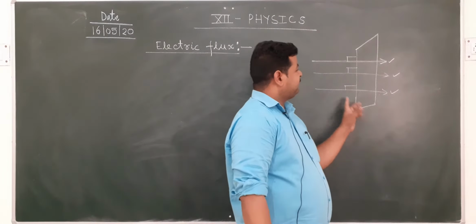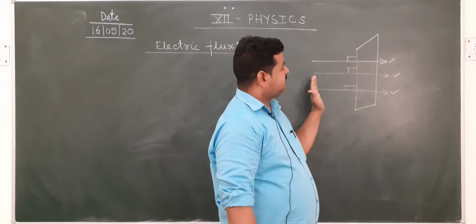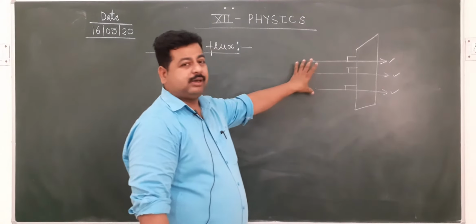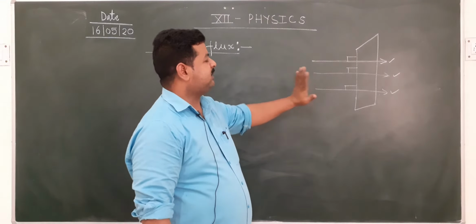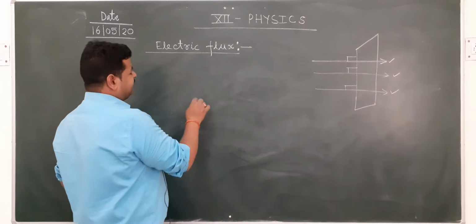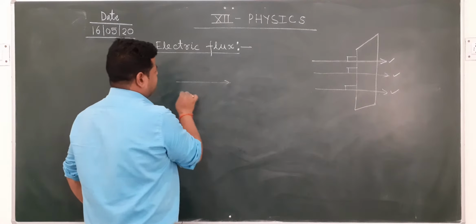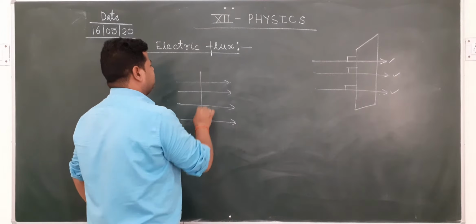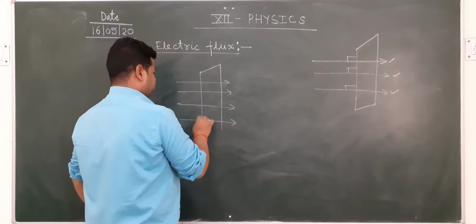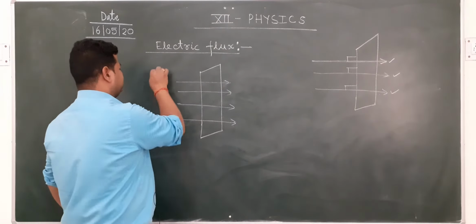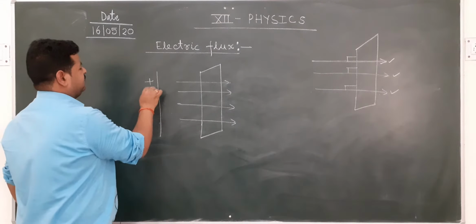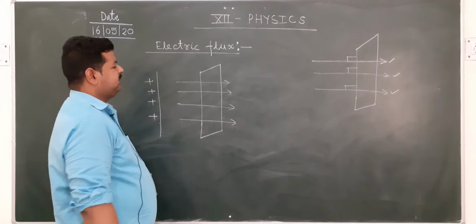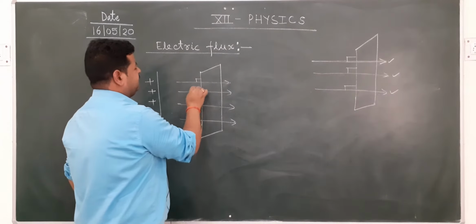So we can say the number of water currents passing normally through any surface is known as water flux. Similarly, if there are many electric field lines, produced by a positively charged plate, and we place a surface in front of these electric field lines, they pass normally through the surface.